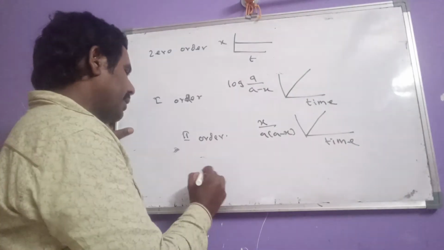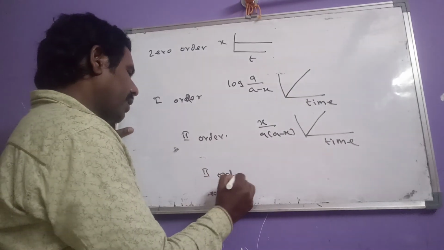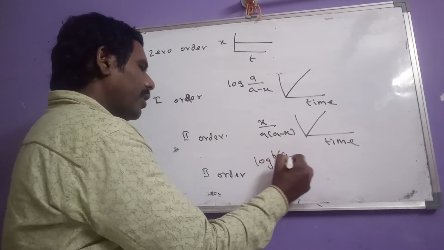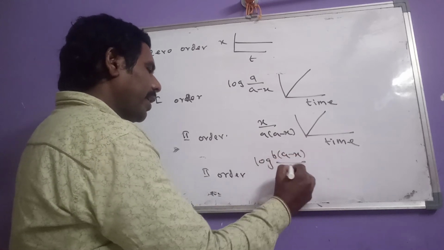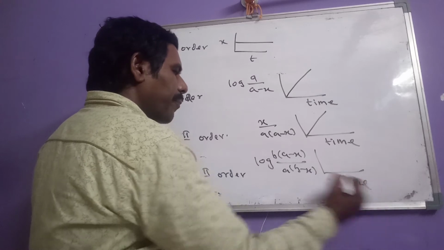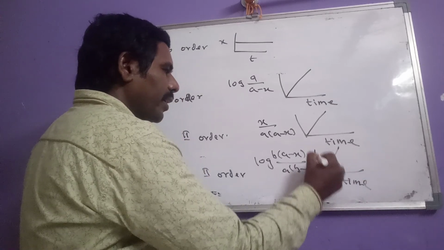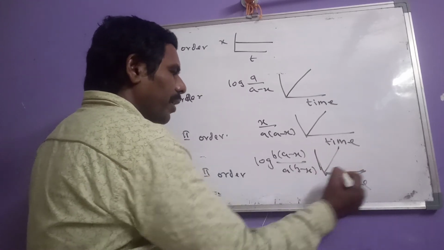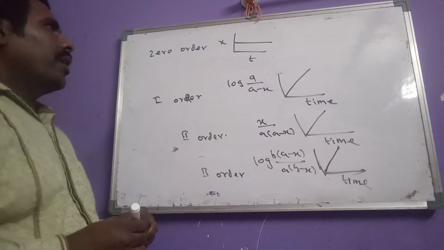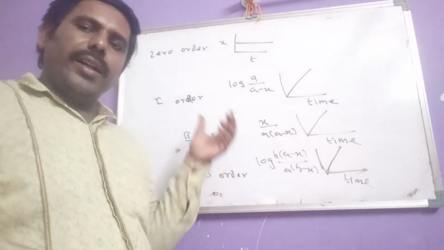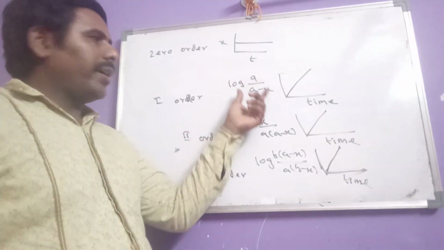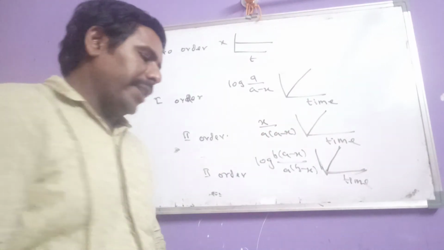Otherwise, for the same second order reactions we can consider another graph, log b into a minus x by a into b minus x versus time. Again we get a straight line with positive slope passing through the origin. So these are the different orders and the graphs related to x and time, log a by a minus x versus time, etc.